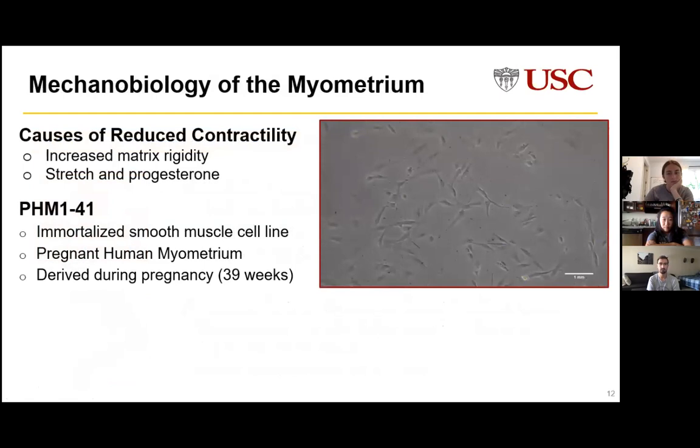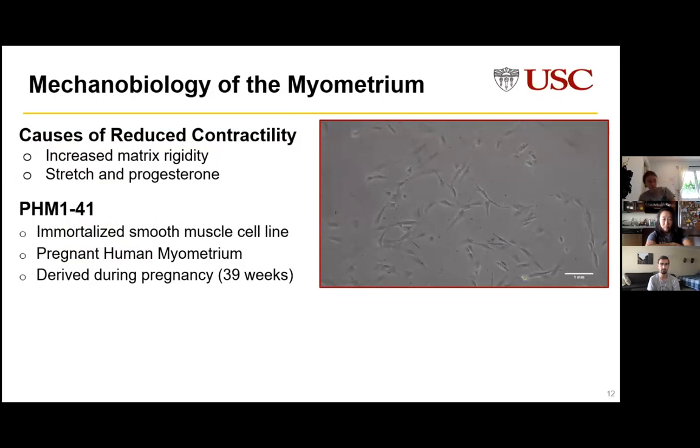So the mechanobiology of the myometrium is difficult to study. Some theories right now for the causes of reduced contractility include increased matrix rigidity and perhaps the combined effects of estrogen and progesterone. But to be able to study this in vitro, we have to use immortalized smooth muscle cell lines because it's hard to access tissue samples from a pregnant human uterus.